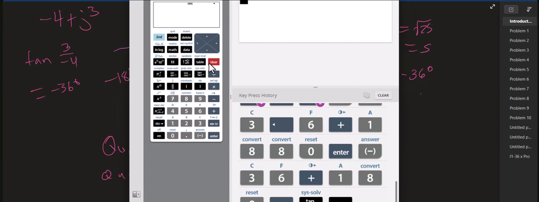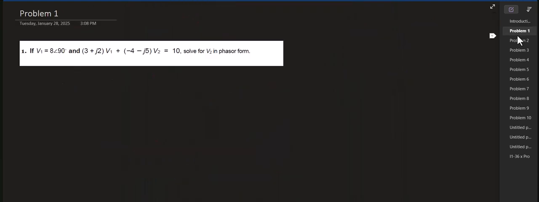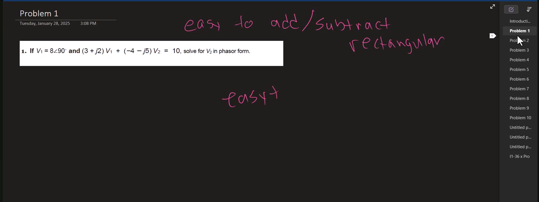Okay, so now going to problem 1. We're supposed to solve for V2 in phasor form, and we have a combination of things in polar and in rectangular. It's easy to add and subtract in rectangular, and it's easy to multiply and divide in polar.